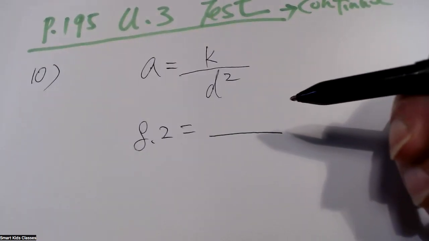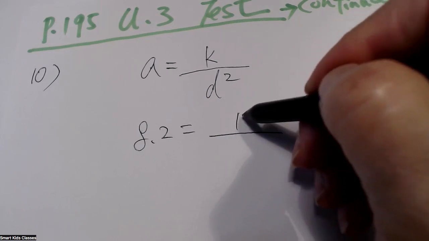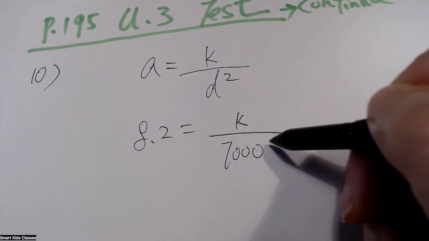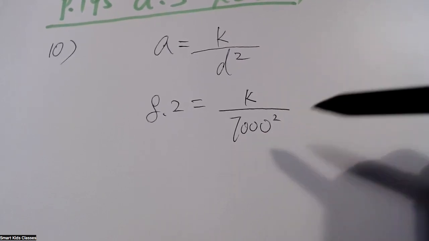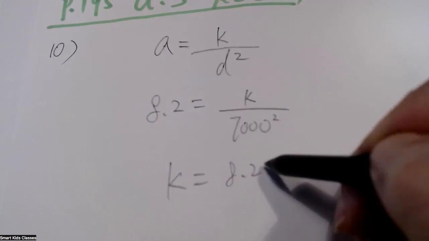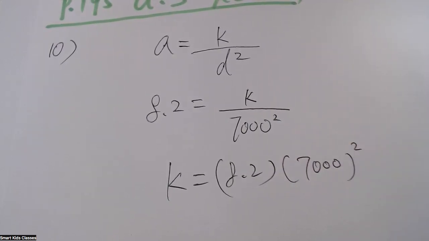The constant is unknown, but we do have the distance provided, 7,000 squared. So now we have to find k. So k equals how much? It is 8.2 times 7,000 squared. So we use the calculator.